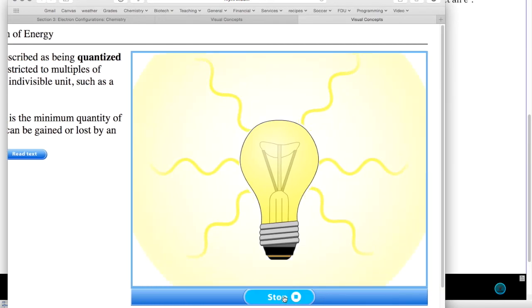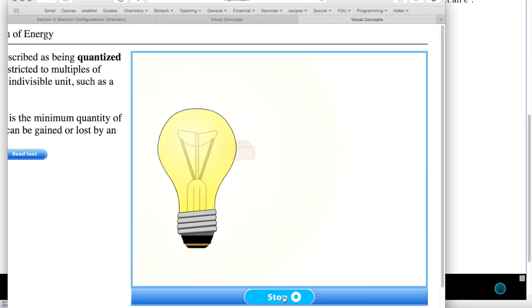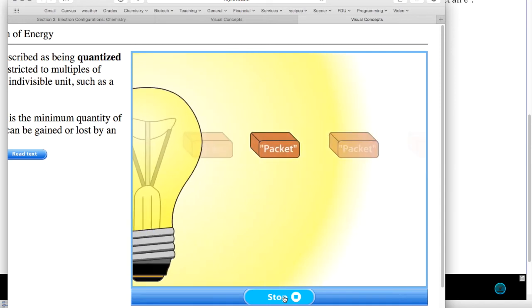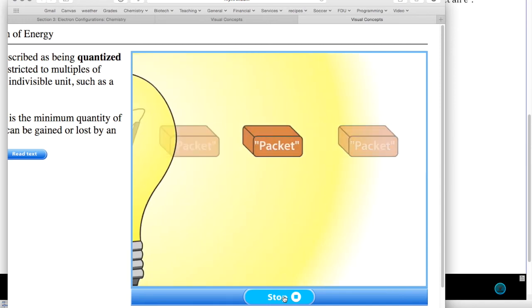In 1900, Max Planck theorized that a hot object does not emit electromagnetic energy continuously. Instead, Planck suggested that objects actually emit energy in small, specific amounts, or quanta. Energy, he said, was quantized. In other words, the energy being emitted has only certain values, almost as though the energy is a packet.